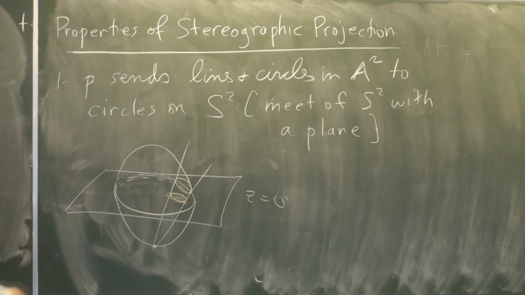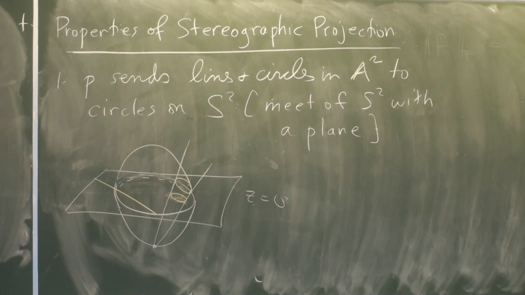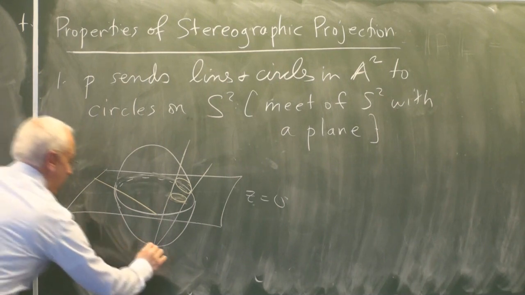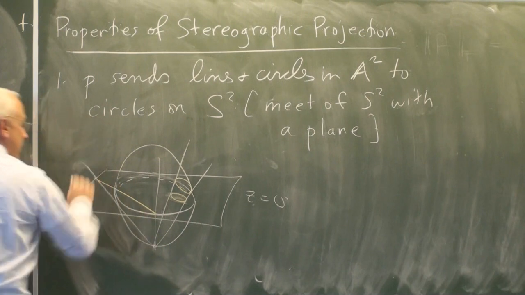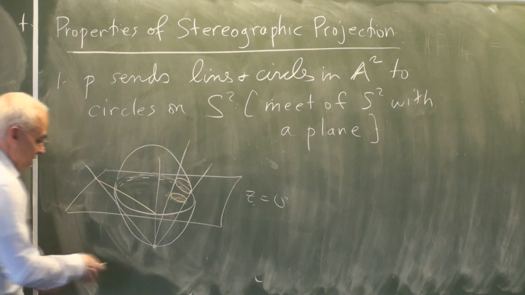And if you take a line in the plane and you project it up, well, then you're talking about a plane. The projection forms a plane. And that plane will cut the sphere also in a circle. But it's now a special circle.